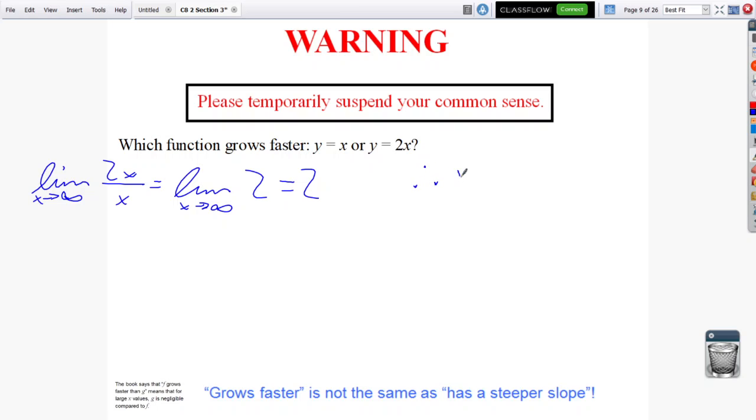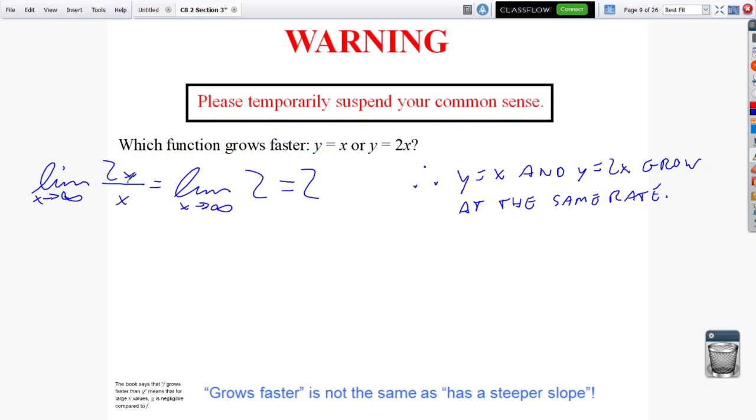Therefore, y equals x and y equals 2x grow at the same rate, which again just kind of seems weird to us, because we're talking about slope. Now back to the whole which one goes on top thing.